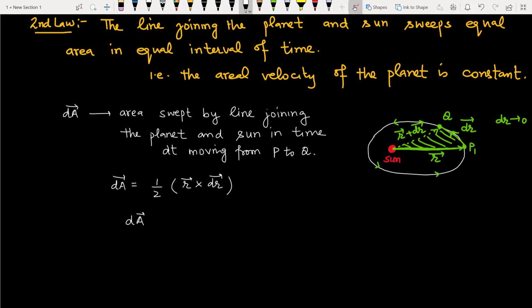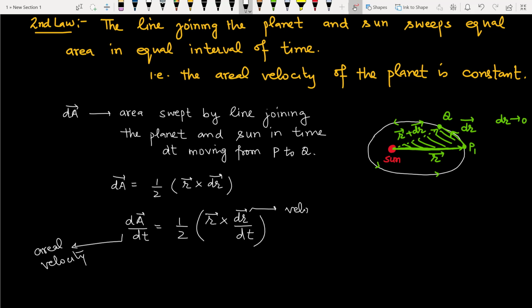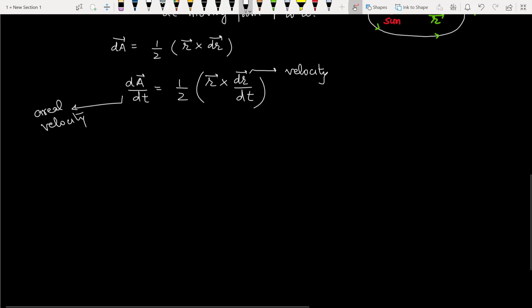Divide both sides by time. dA is area, divided by time it becomes areal velocity, half r cross dr by dt. This dr by dt is the simple linear velocity of the planet. So dA vector by dt is equal to half r cross velocity.